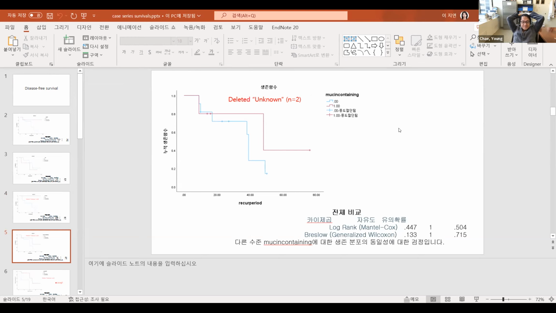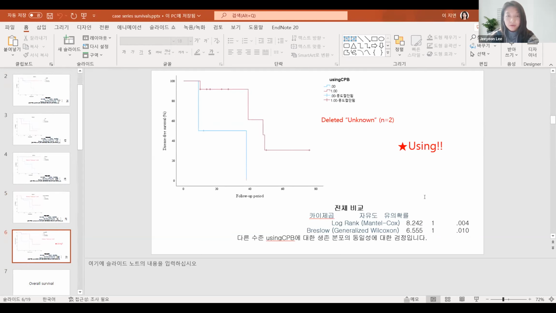Mucin containing is 1. But I'm not going to use this graph in my manuscript, so I just leave them like this. I didn't translate the months into English. But this one I'm going to use.